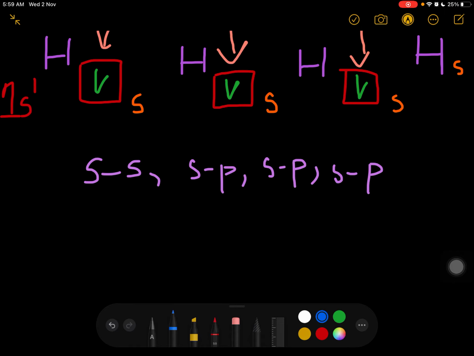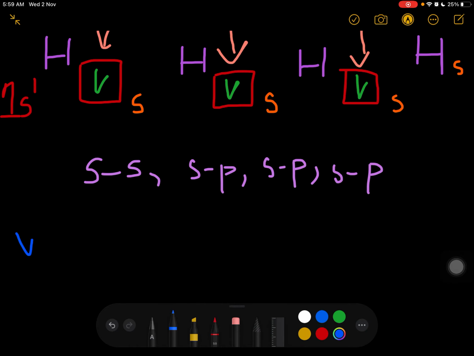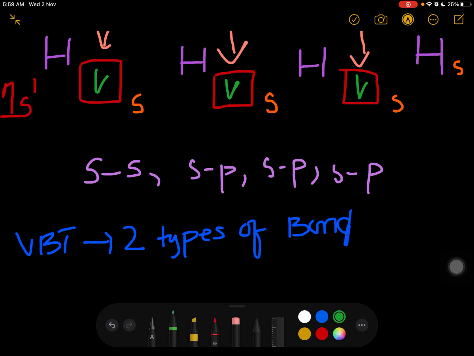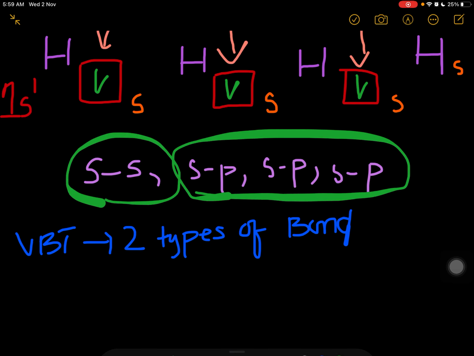According to VBT, there are 2 types of bonds over here: one is this SS and the other is this SP.